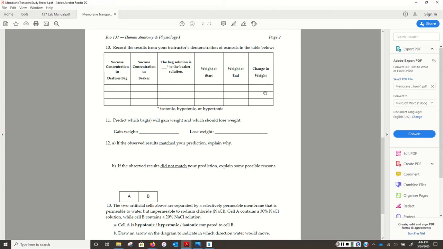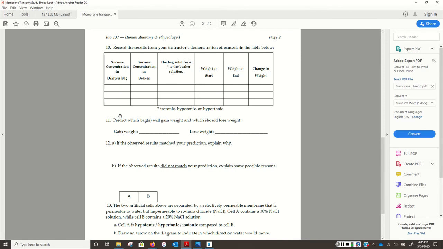I'll describe what I did. I take a beaker and I fill it either with distilled water or deionized water, which is just pure water with nothing in it at all. That would be a 0% sucrose solution. Or I take water with sucrose dissolved in it, at a rate of 40% sucrose.